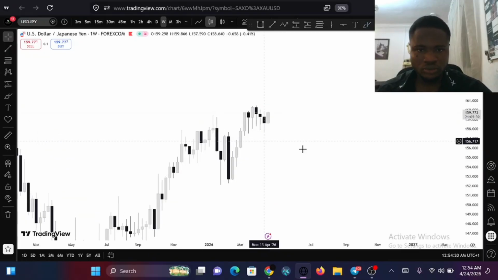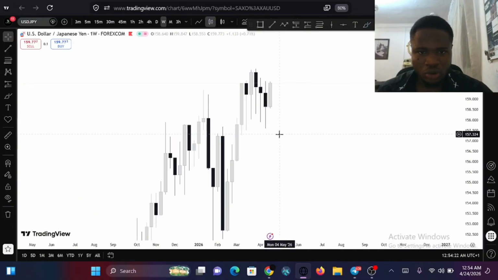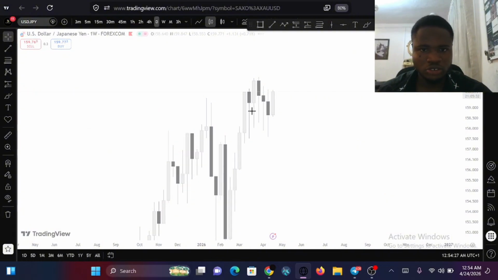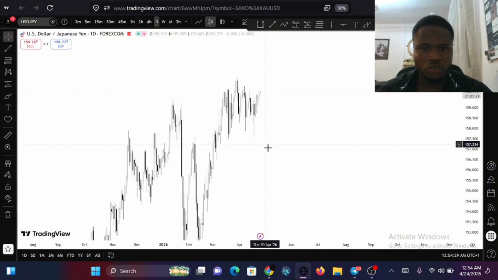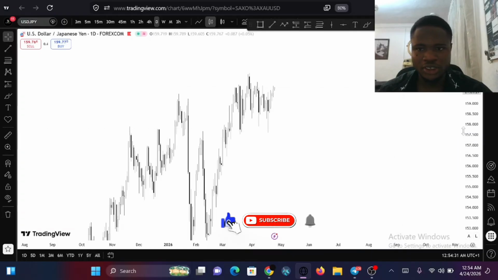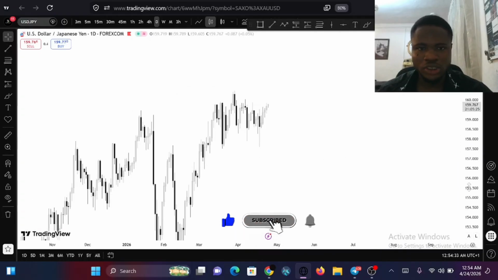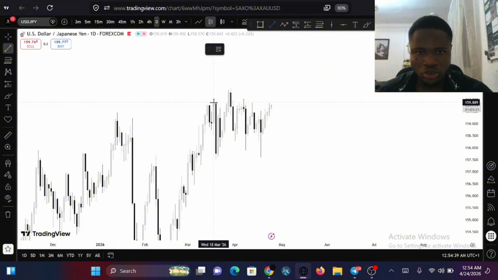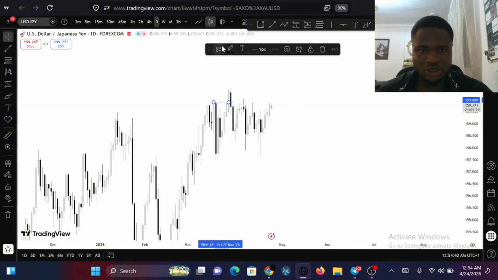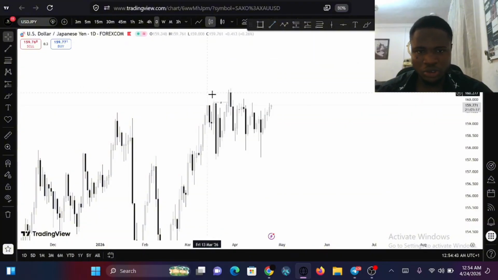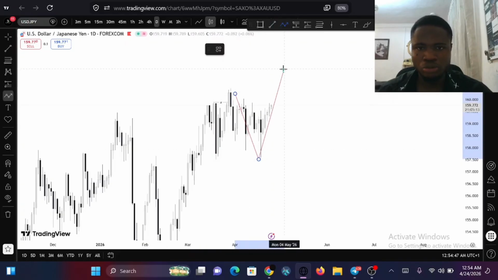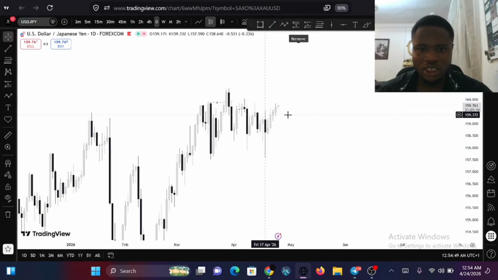Knowing that, I want to look for our zones. Let me drop down to our daily time frame so we get a clearer view of what is happening in the market. On the daily time frame, we can see the structure. We have this break of structure to the upside, and since we have this break of structure, we expect price to come down to the discount zone and give us more push to the upside, and that is exactly what price did.